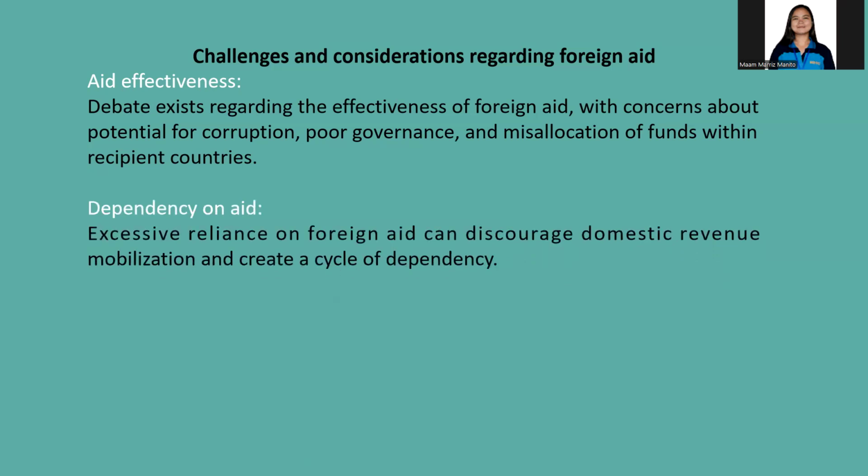And then also, if there's foreign aid, people could rely on it too much, so that there will be no more effort, no more workforce to actually work, because they're just relying on the foreign aid, and it can discourage the economy.